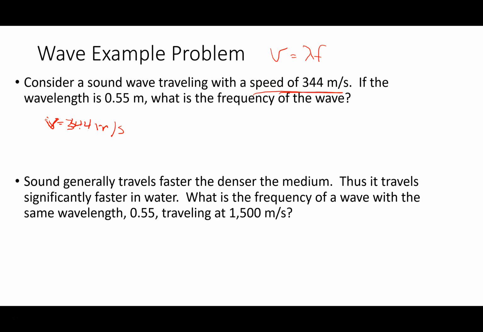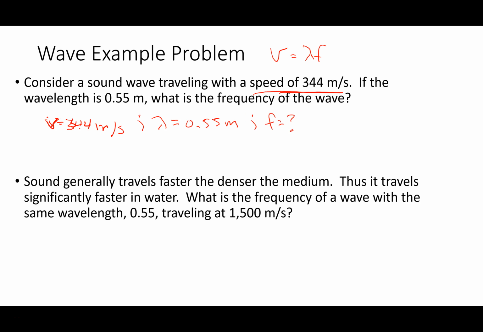Okay, what's the next word? What's that 0.55 m? What is that? Wavelength? Yep. So I'm going to put a little semicolon, and I'm going to put wavelength is equal to 0.55 meters. And then while I'm jotting things down, I'm going to put frequency is equal to question mark.